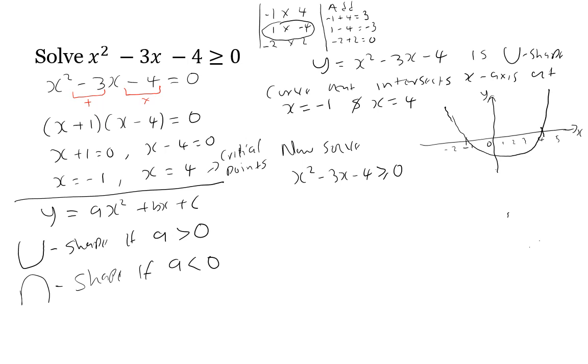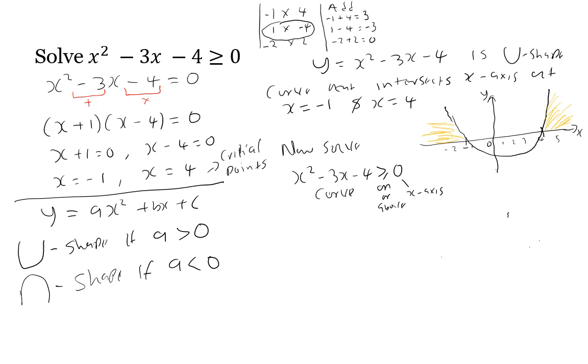This is where our curve is on or above the x-axis. Now if you look at this, our curve is above the x-axis here and here. So this is where the curve is above the x-axis.